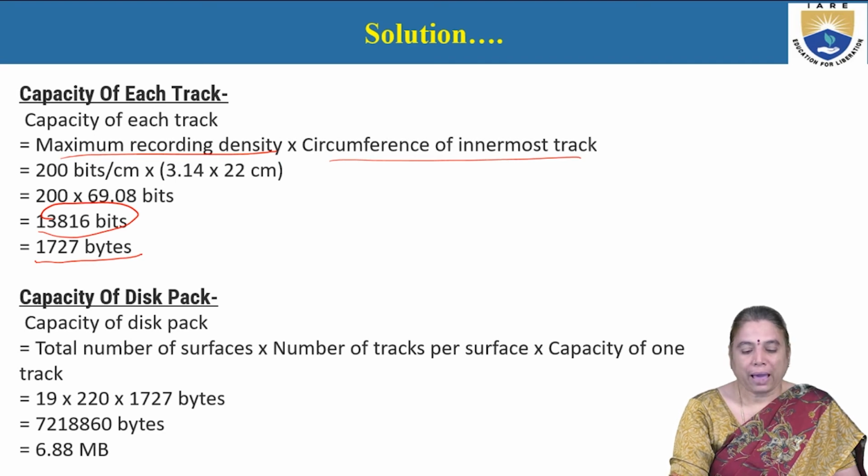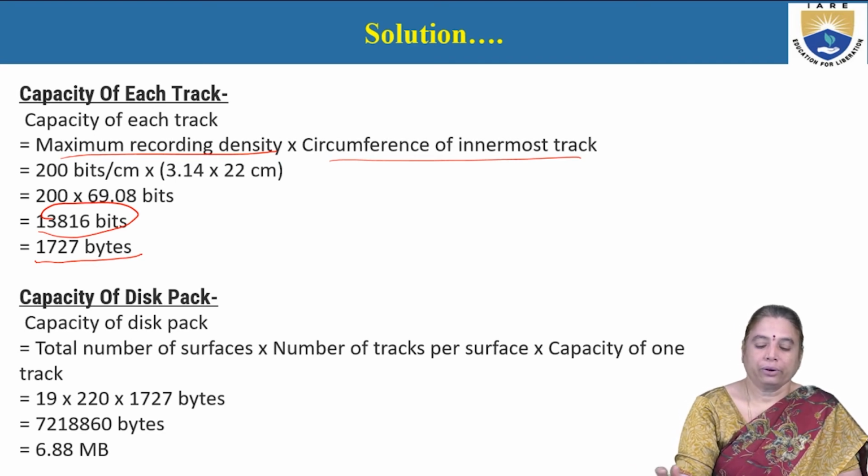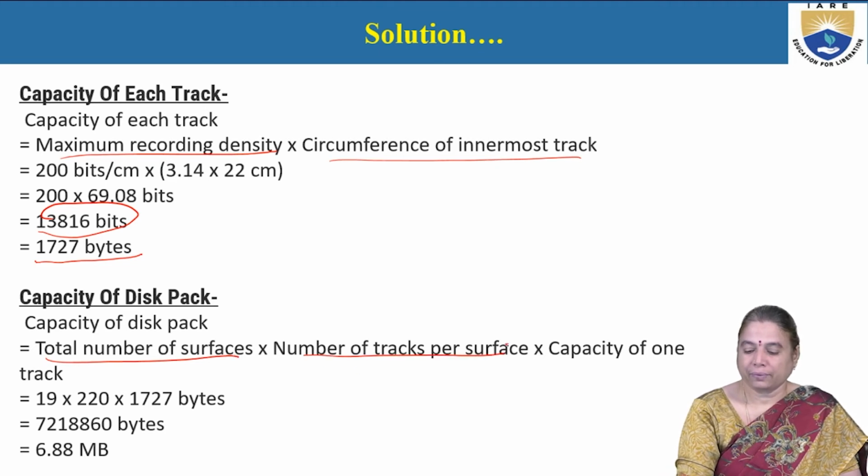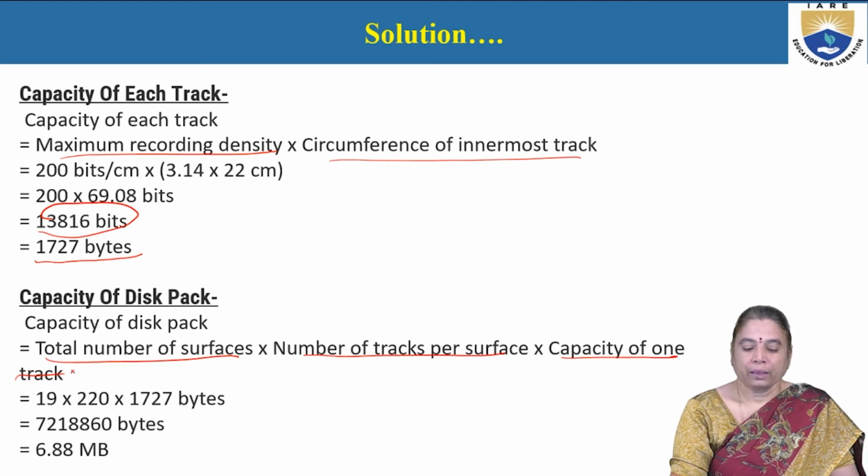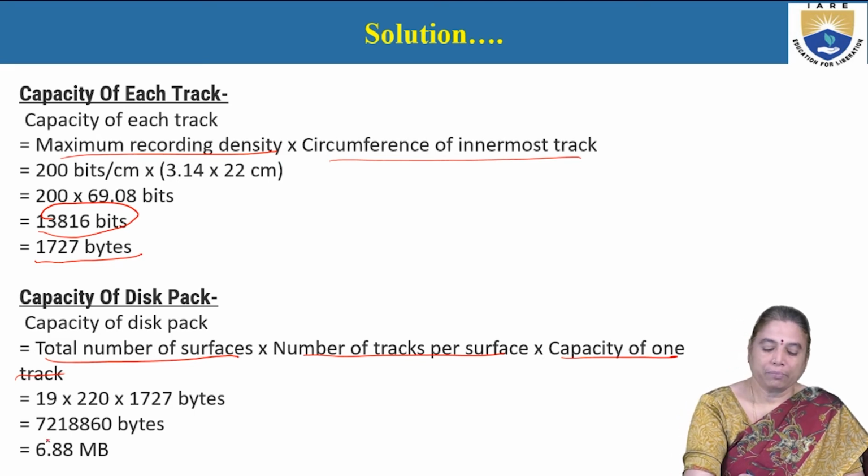Capacity of disk pack can be calculated with total number of surfaces multiplied by number of tracks per surface multiplied by capacity of one track. So 19 into 220 into 1727 bytes. So it can be 6.88 MB.